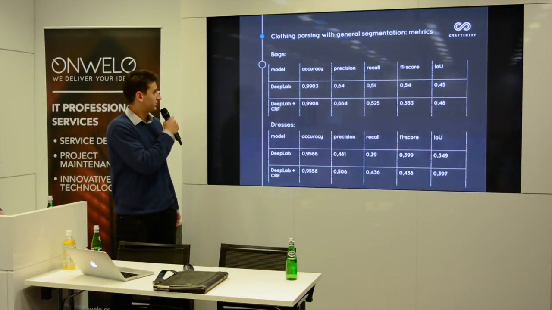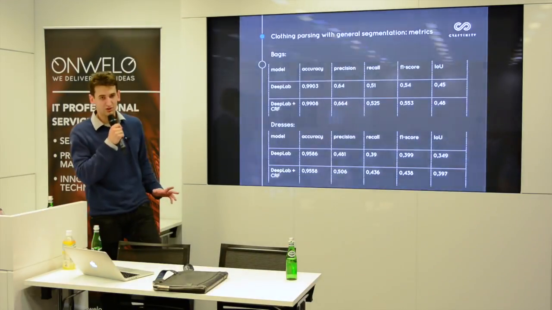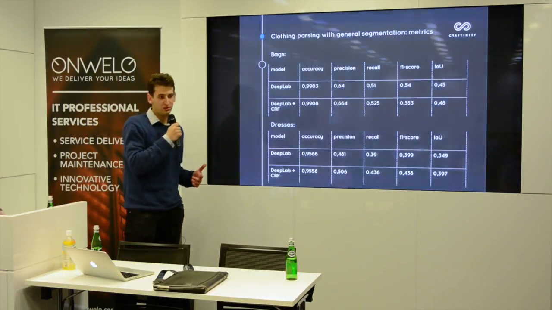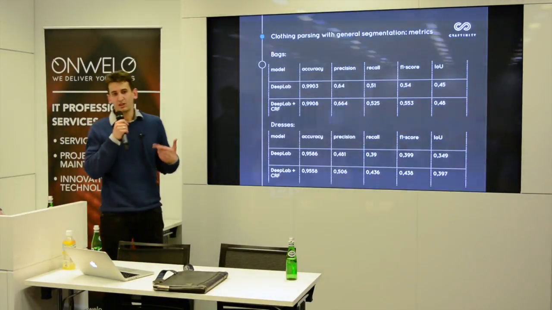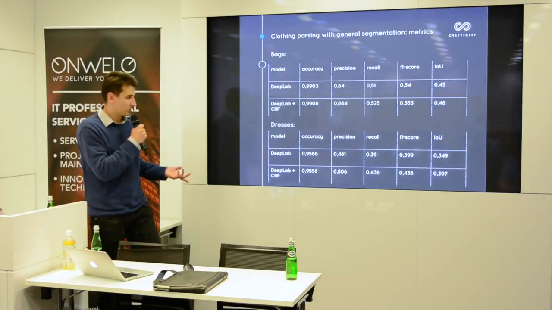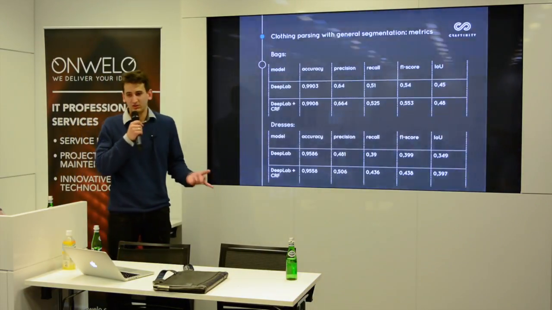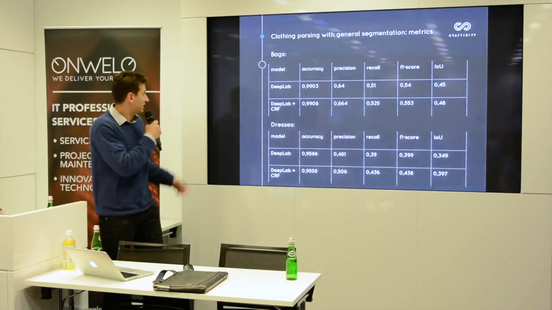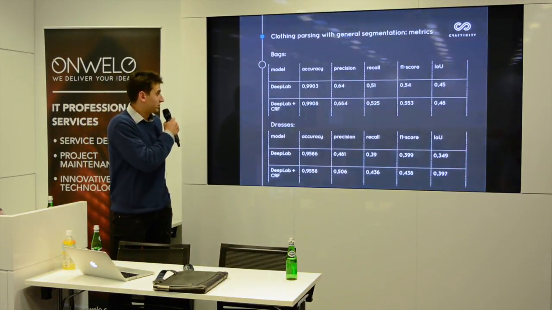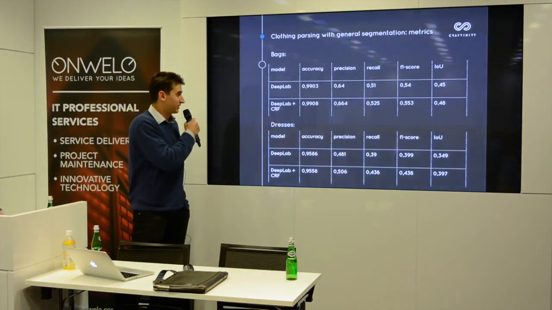And it's quite natural to apply these metrics in the segmentation task, because what we are doing here is classifying every pixel. So segmentation is just the classification of every pixel, and we can borrow metrics from classification.